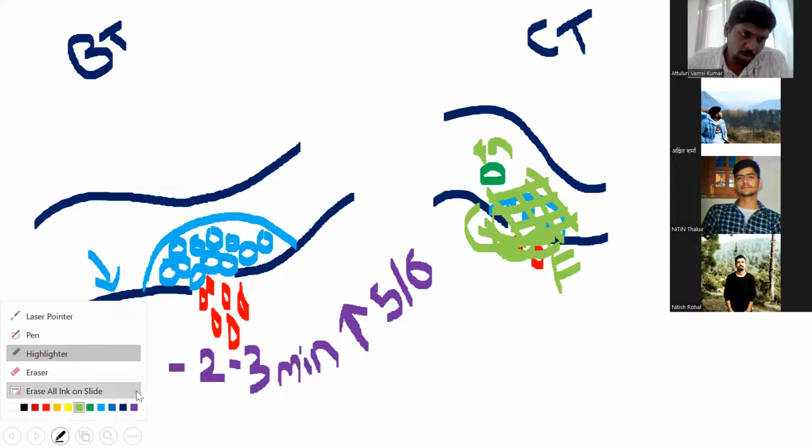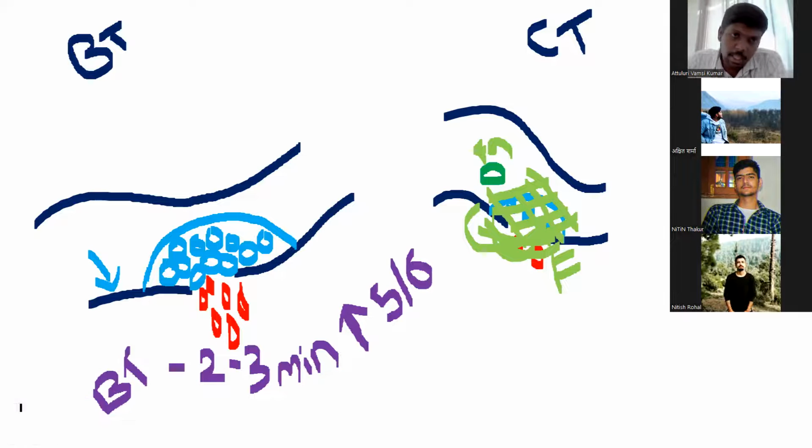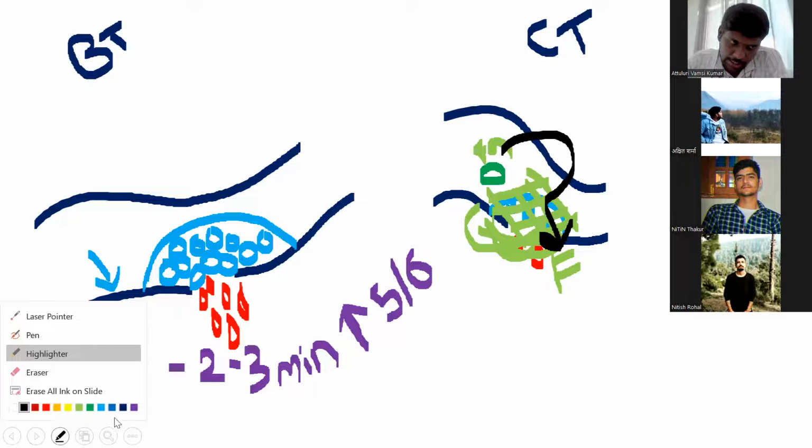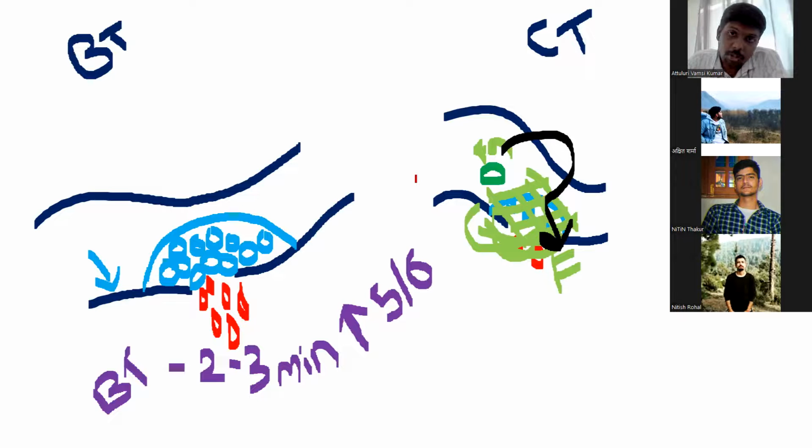Now I want to tell one important thing here. For the conversion of fibrinogen to fibrin, platelets will utilize 13 clotting factors. We have almost 13 clotting factors in the plasma.